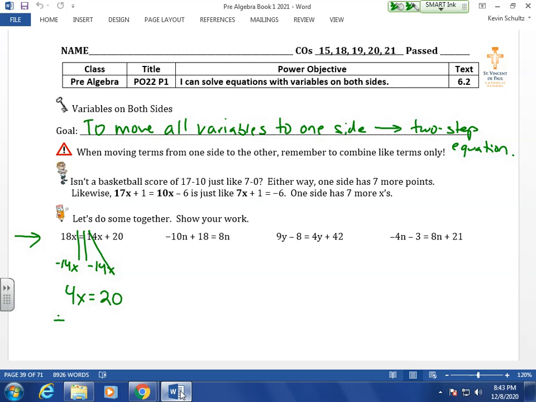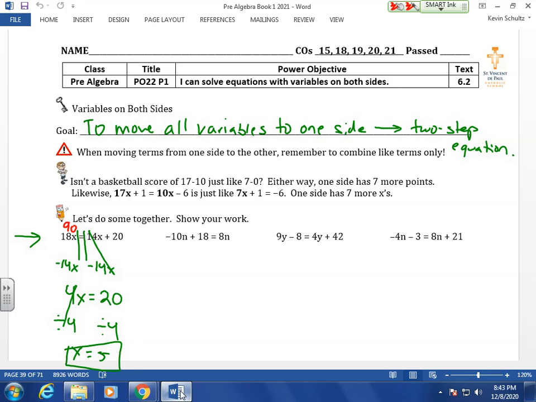Now that we want to get x by itself, we want to separate it from the 4. Here's where we'll be dividing by 4. And 20 divided by 4 equals 5. Okay? And then, of course, plugging that back in to check, 18 times 5 would give us 90 on the left side here.